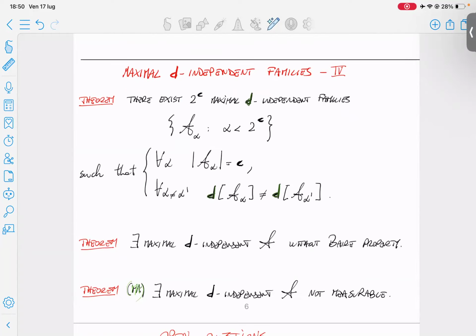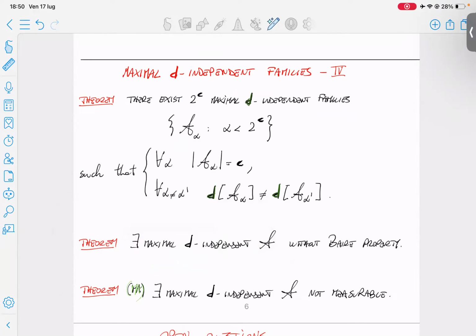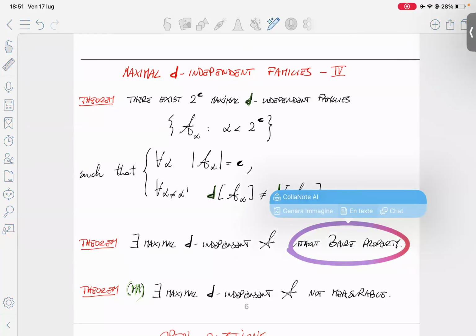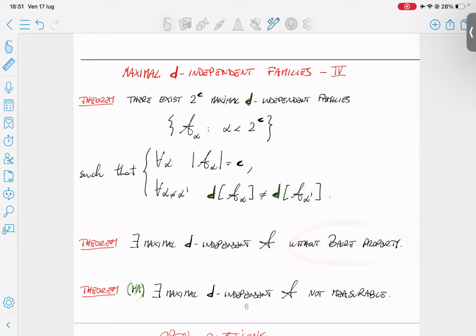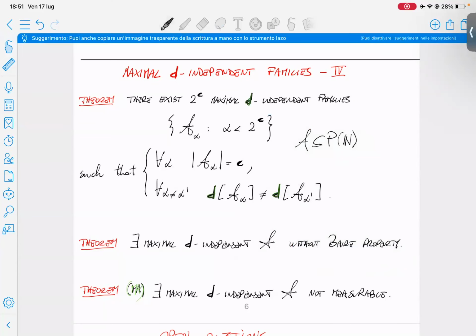The last two results are similar in spirit. The first one is that you can construct a maximal D-independent family without the Baire property. What does it mean without the Baire property? A family of subsets of the naturals can be seen as a subset of, I write it here, A is a subset of the power set of N, but the power set of N can be seen as the Cantor space.